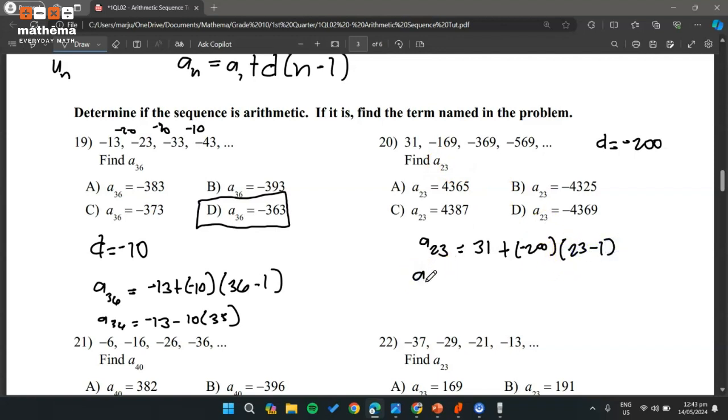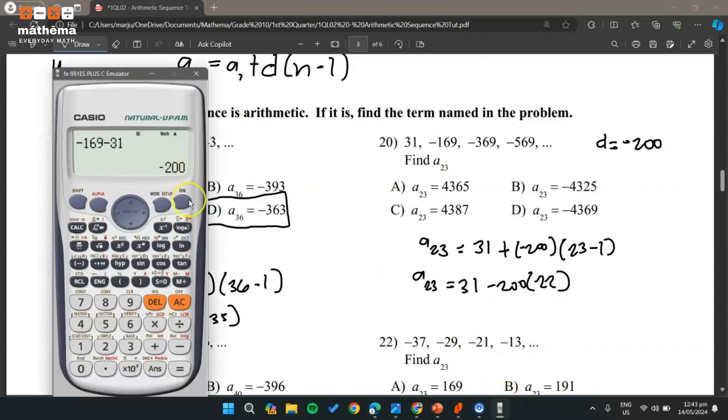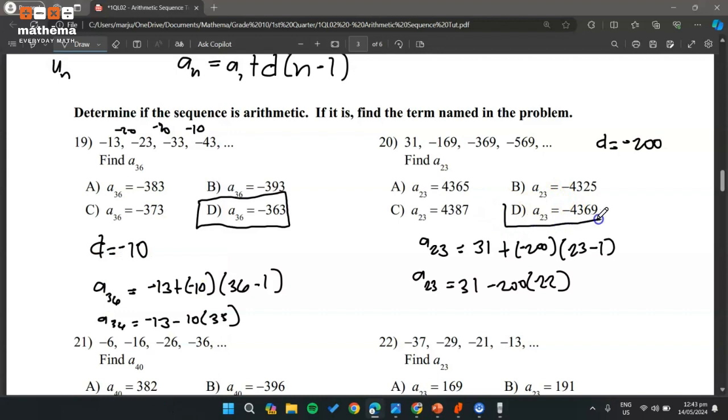Simplifying, a sub 23 is 31 minus 200 times 22. Using the calculator again, this gives us negative 4,369. And what letter is that? This is actually letter D again.